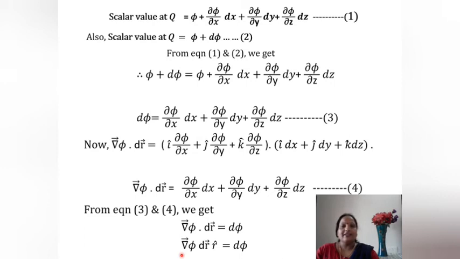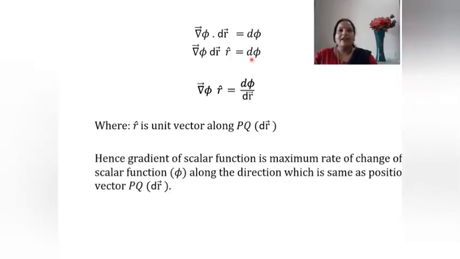Or we can write del φ vector dr r cap is equal to dφ, where r cap is the unit vector along the dr direction. So del φ dot r cap is equal to dφ by dr, where r cap is the unit vector along PQ or along the dr vector.